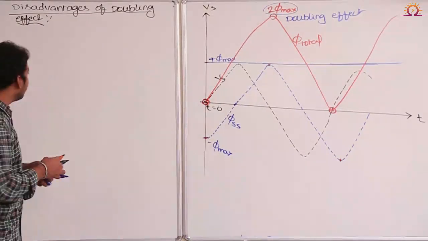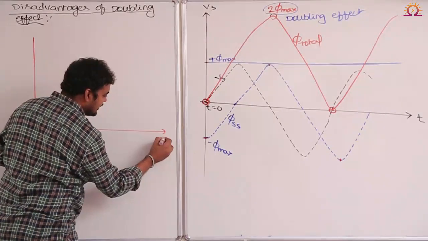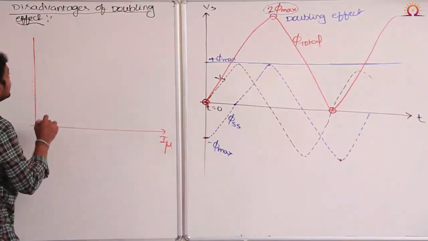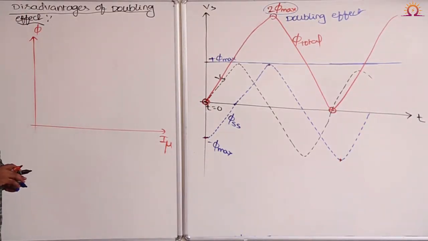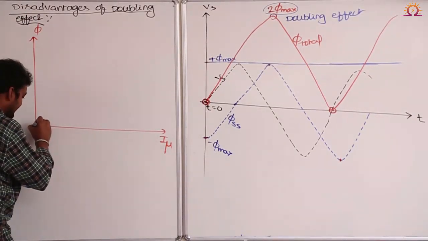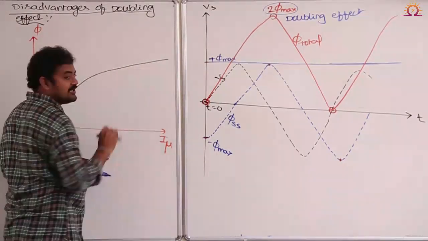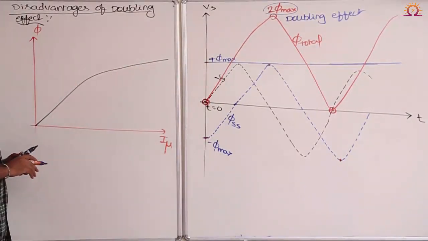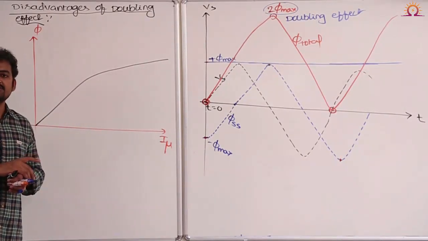We know a practical transformer core will have a magnetic saturation effect. Now see, I am considering magnetizing current here and resultant flux on the y-axis. We know every ferromagnetic material will have a magnetic saturation effect like this. Am I right? So generally, along which point in the magnetization curve is a transformer designed to operate?